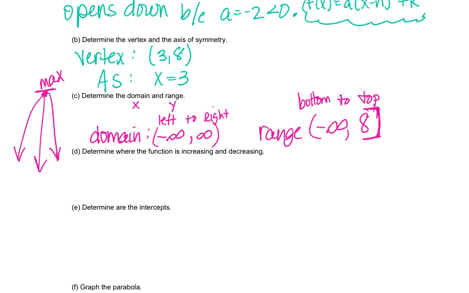Now, when we're talking about the function increasing and decreasing, remember you're looking at your x-axis intervals. And we use parentheses on this, and we go left to right. So coming in from the left, we're increasing, we're coming in from negative infinity, and we're going to go to the x value of your vertex.